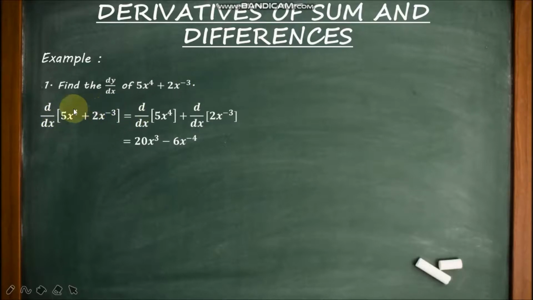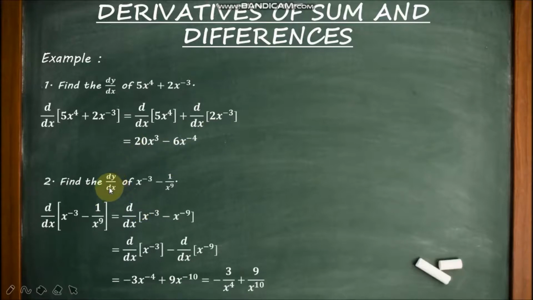Then we need to separate it into two parts, which is d dx of 5x to the power of 4 plus d dx of 2x to the power of negative 3. Then we undergo the differentiation. We get the answer 20x to the power of 3 minus 6x to the power of negative 4.